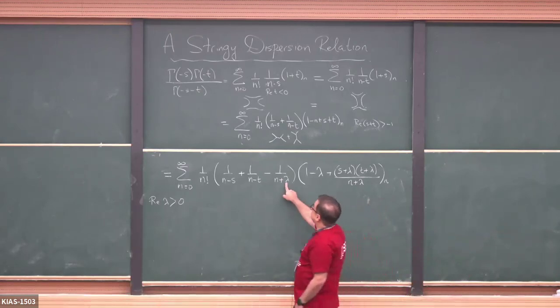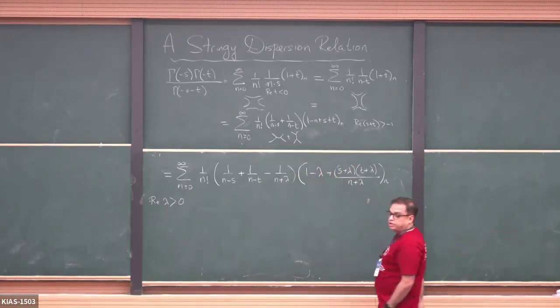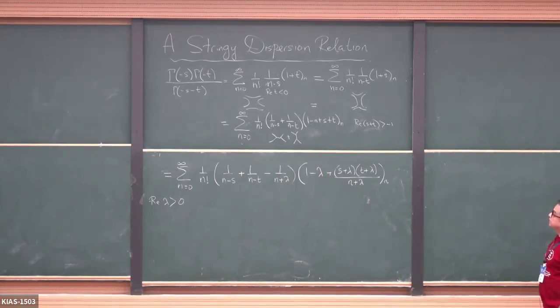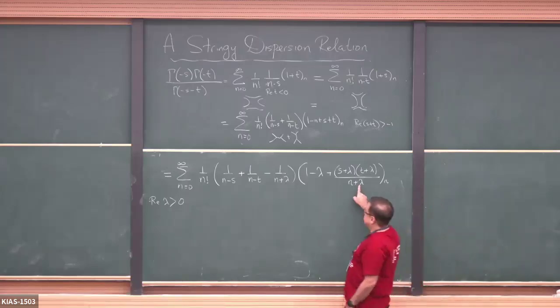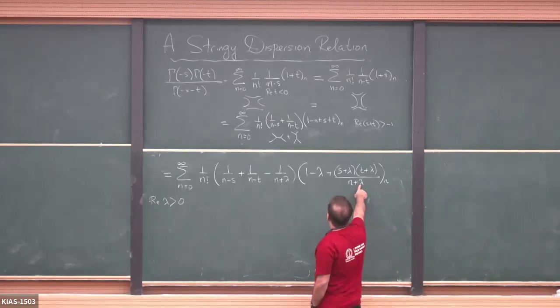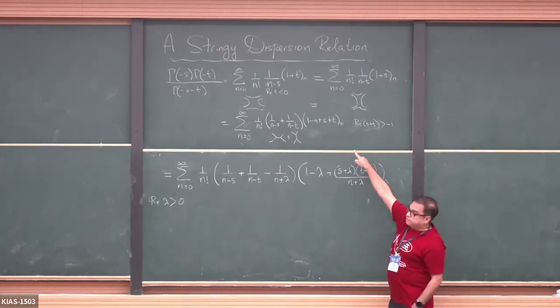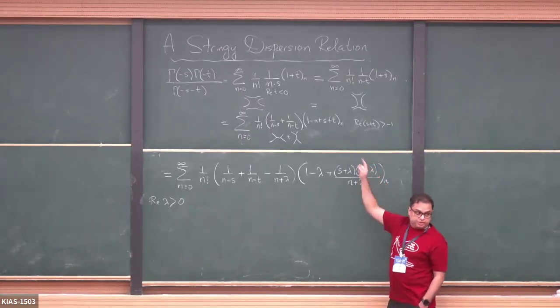Similarly, if you put lambda equal to minus s, you're going to recover the second equality. And it's a little harder to see, but if you take lambda to infinity, then the summand precisely recovers the third expression that I've written there.